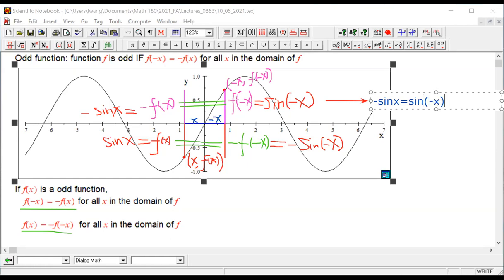And from this piece, what we get is sine x is equal to what? Negative sine of negative x. These are the possible algebraic forms that are used.